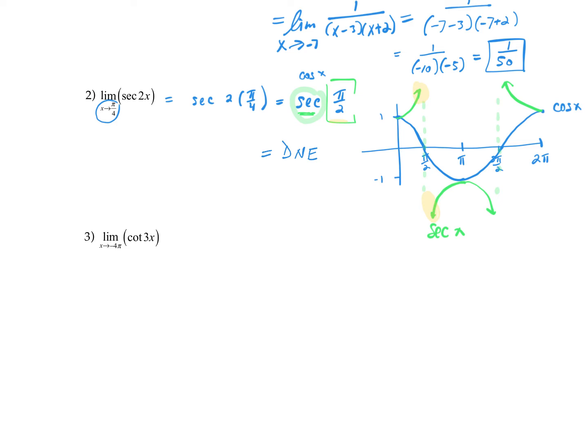Okay, so you do need to be able to graph your basic trig functions, sine, cosine, and then secant and cosecant. But remember, if you can graph sine and cosine, it should be pretty easy for you to get the secant and cosecant graphs done. Right? So again, this is a DNE because it's approaching two different infinities.